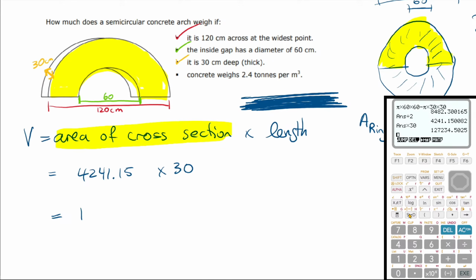There we go. We have 127,234.5. Very annoying, so many digits, but that's all right. We have one decimal place rounding here. There we go. And of course, we have units squared. It does tell us it's centimeters. My bad. So it's going to be centimeters cubed. There we go. Not squared.